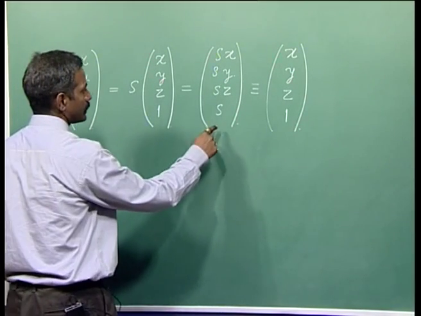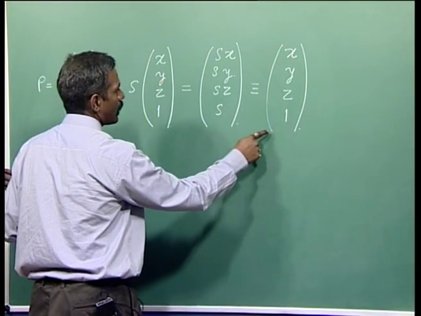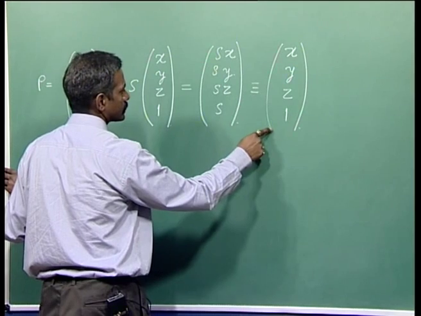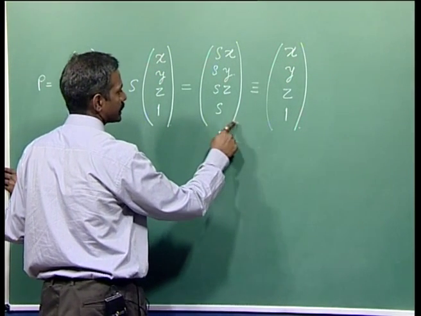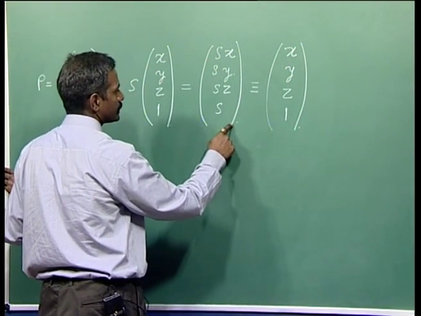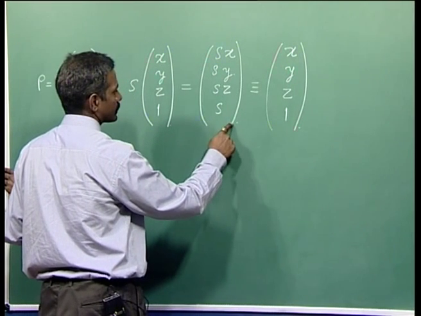We say that these two column vectors are equivalent because these represent the same point in the Cartesian or in the 3-dimensional space.